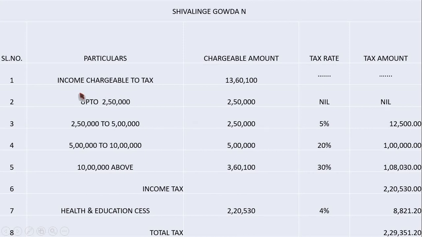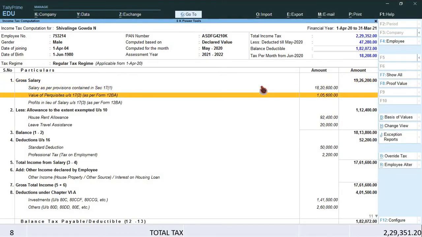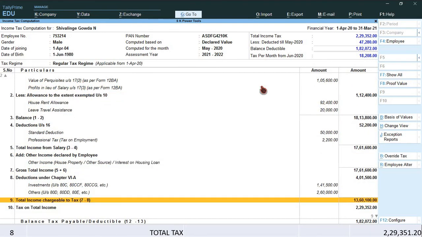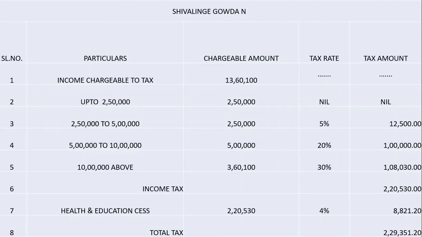So his total income chargeable to tax is 13,60,100. Check it in report. 13,60,100 up to 2,50,000 nil, 2,50,000 to 5,00,000, the difference is 2,50,000, 5%, 12,500.